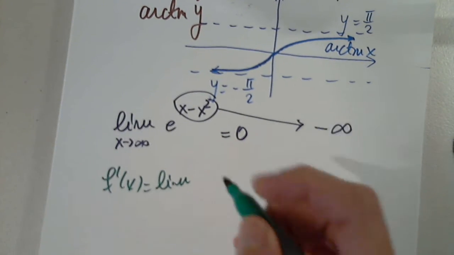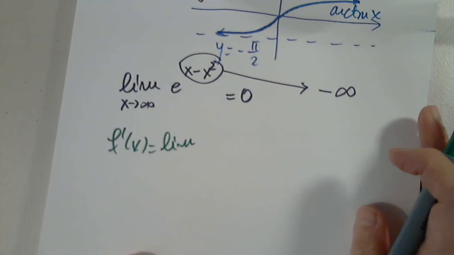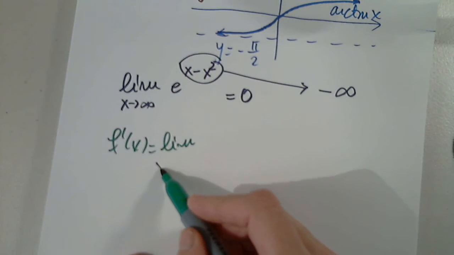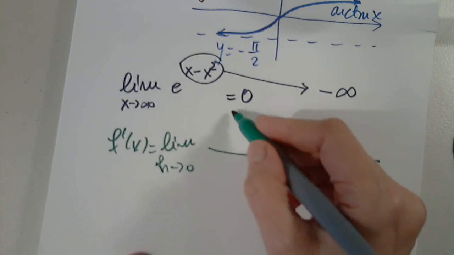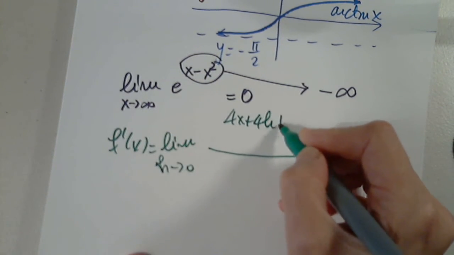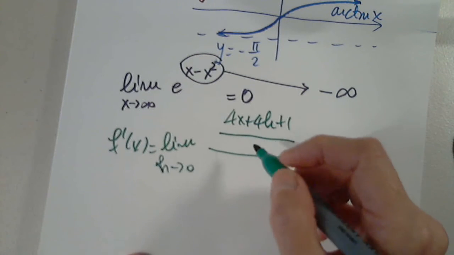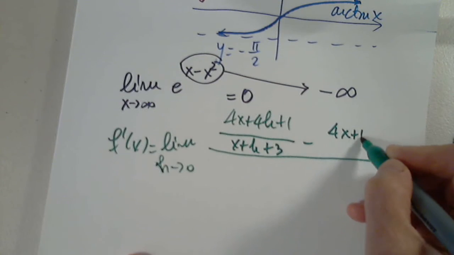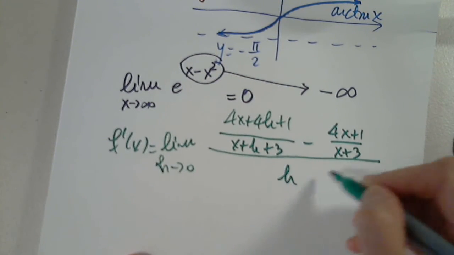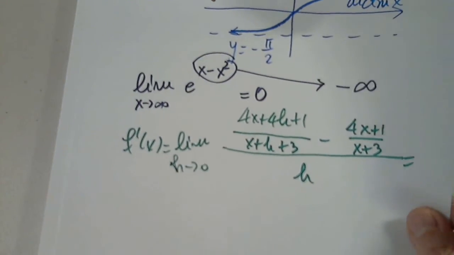So, okay. It's the difference quotient with the limit in front. So you have to write, as h approaches 0, (4(x+h)+1)/(x+h+3) minus (4x+1)/(x+3), divided by h. We have to find the least common denominator.